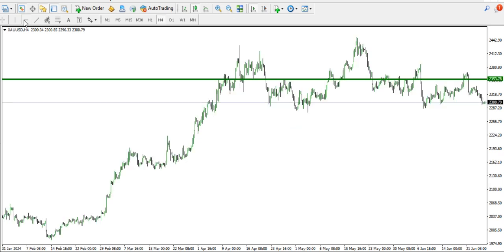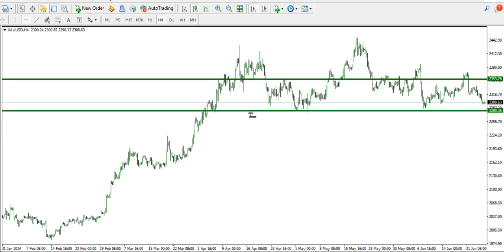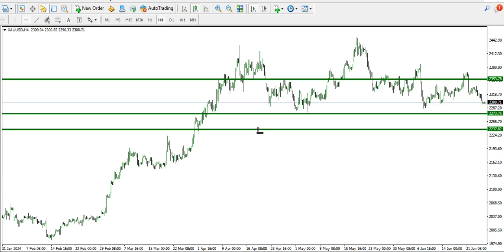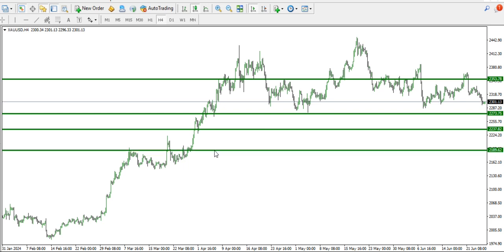Okay, we have this here. Price has already reacted to it. It's the range bottom. We have another order block here, 2237. We have another order block around here on the 4-hour time frame, 2189.